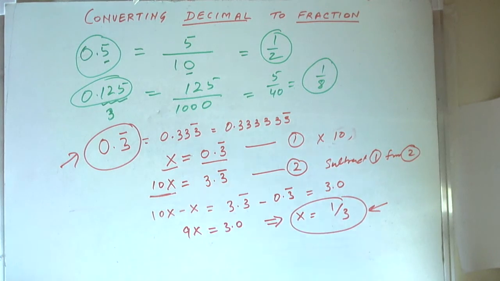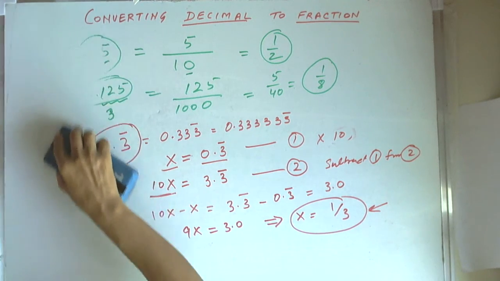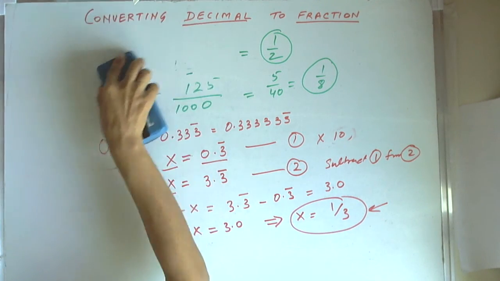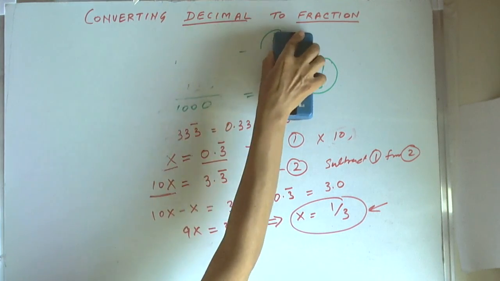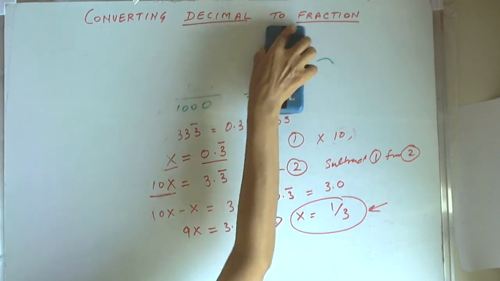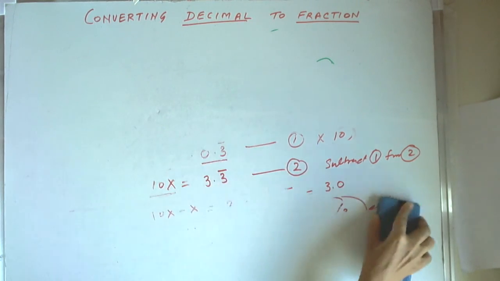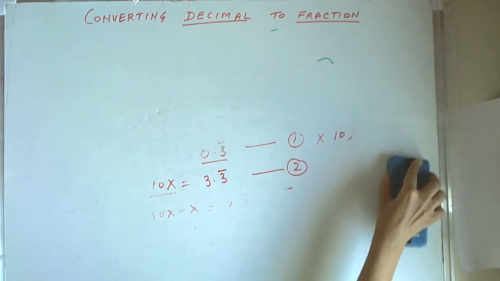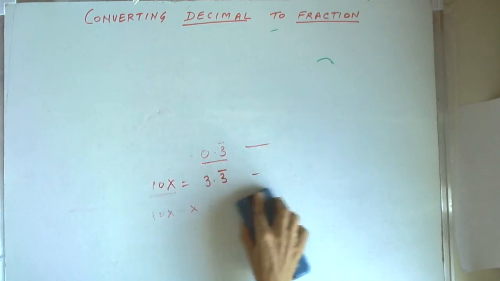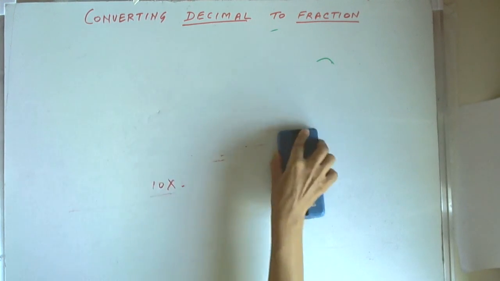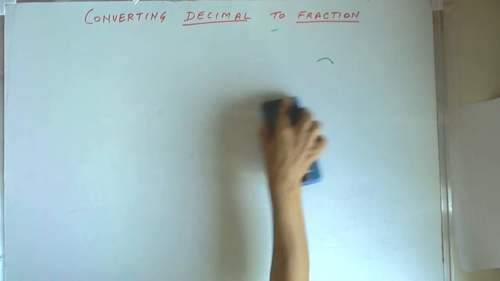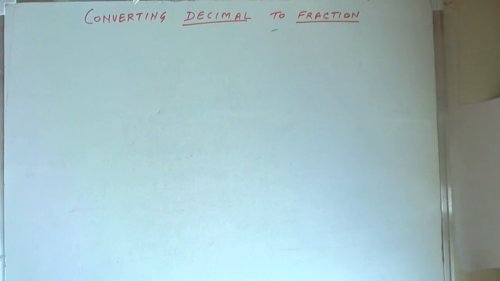Now let's see one more example, say 1.27 with a bar on both 2 and 7. In that case, what do we need to do? Again, we will take the same help of algebra, and we will solve this.